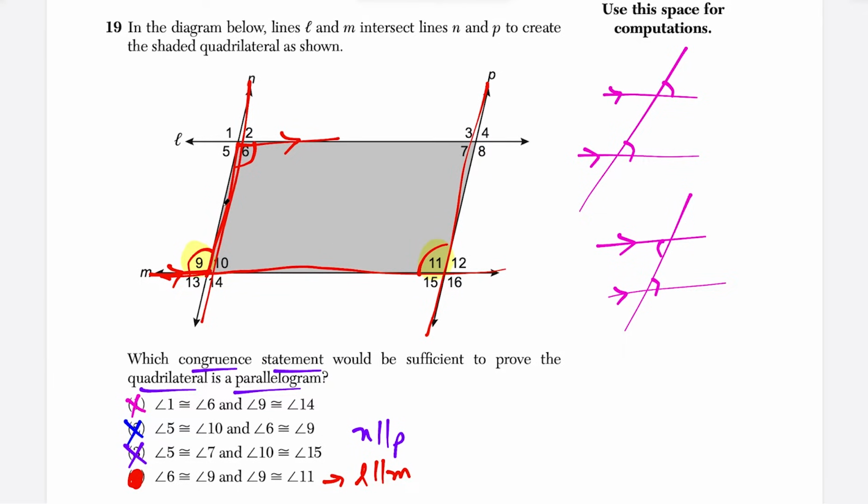So that tells us that these two lines over here are also parallel. So we could say that N is going to be parallel to P. So now if we look at our quadrilateral, notice that both pairs of opposite sides are parallel to each other. So when you have a quadrilateral with both pairs of opposite sides parallel, that information is sufficient to prove that your quadrilateral is a parallelogram. So 4 is definitely correct.